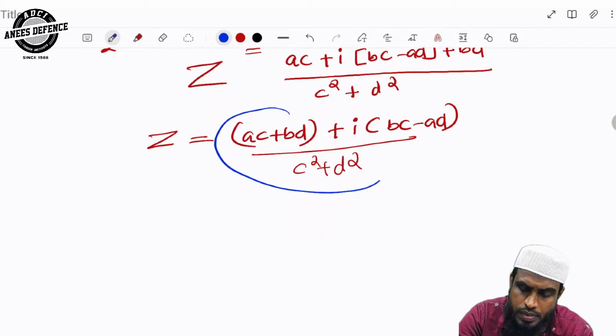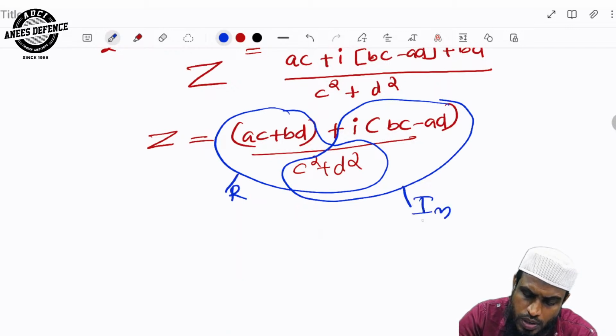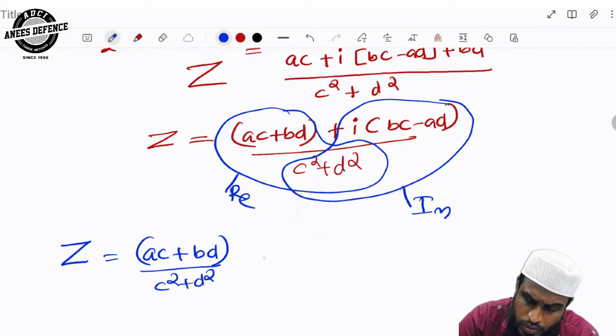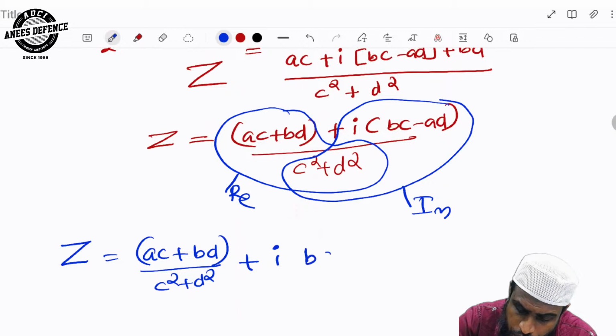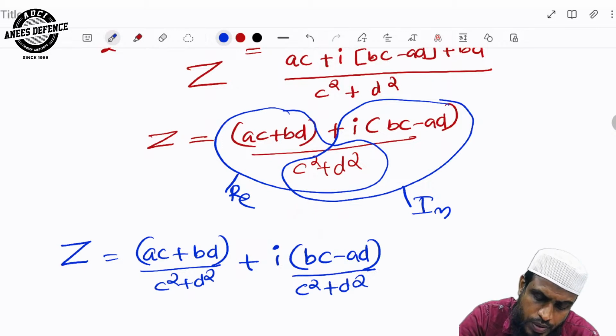This is a part, another part is this one. This is real and this one is imaginary. So Z is equal to AC plus BD divided by C square plus D square plus i into BC minus AD divided by C square plus D square.